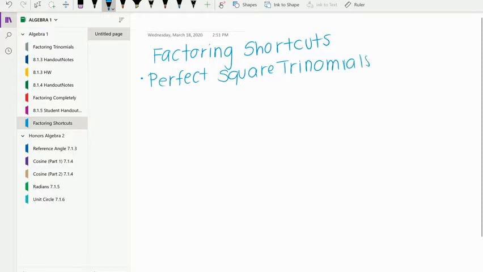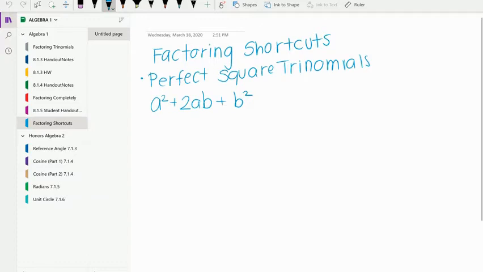All right, so a perfect square trinomial is in the form a squared plus 2ab plus b squared. What that means is both the first and the third term are perfect squares. In other words, we can take the square root and get a nice whole number.